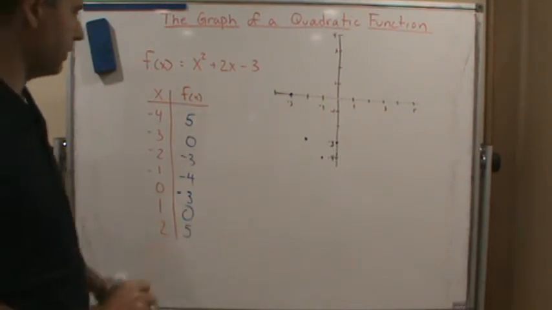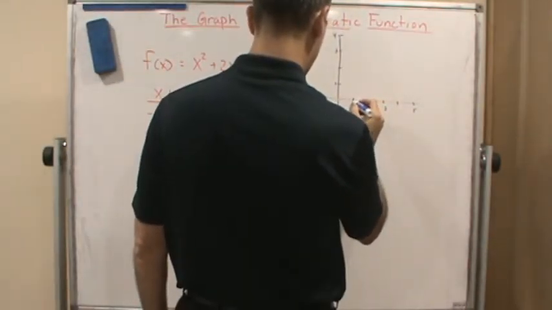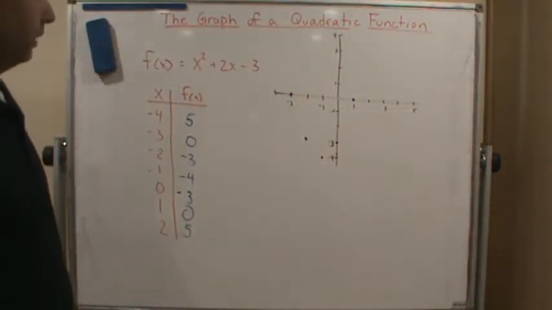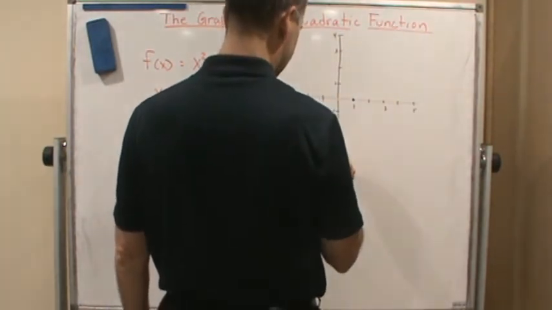Then we're at 1, 0, right there. And then we're at 2, 5, which is back up here. So we get something that looks like this.